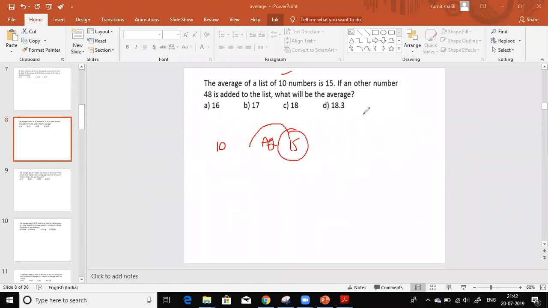What does it mean? Average means, remember one thing, average means quantity equally distributed.